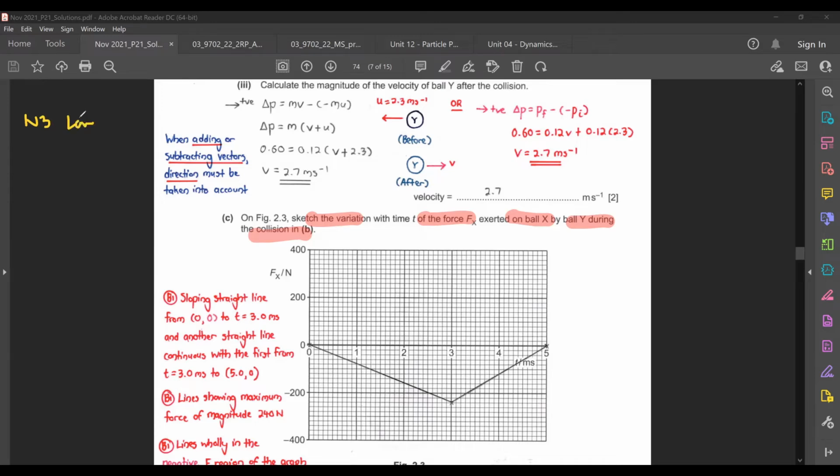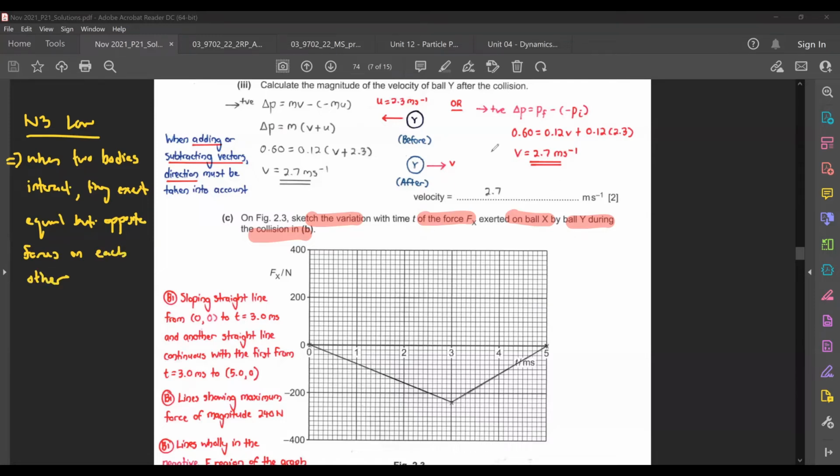We mentioned that when two bodies interact, they exert equal but opposite forces on each other.